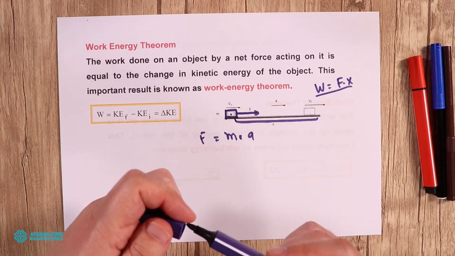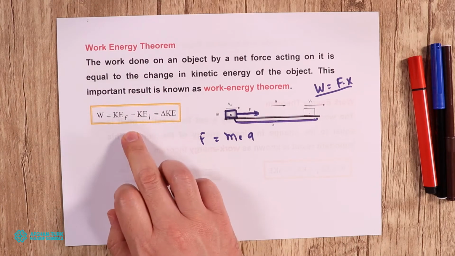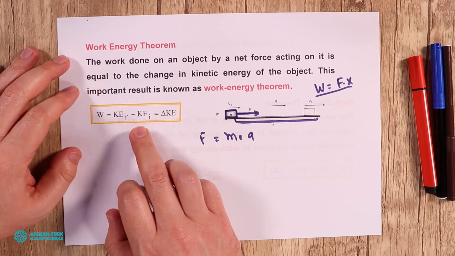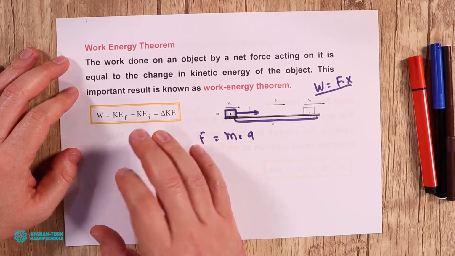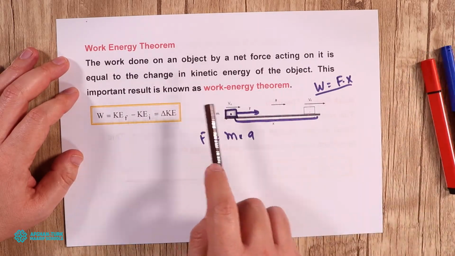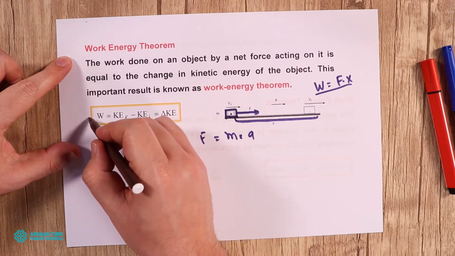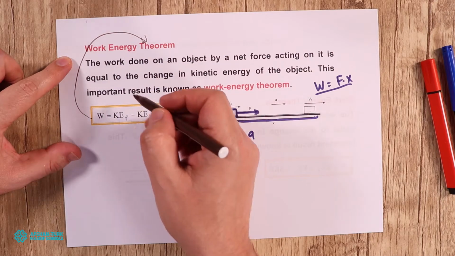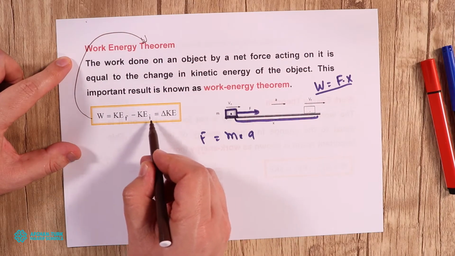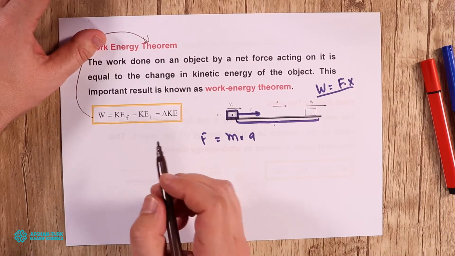Let's see how these two are related and what this formula means. Let's prove this formula, then you will know how work and energy are related. This formula is the theorem. Let's prove it.